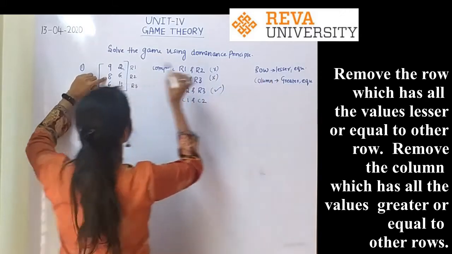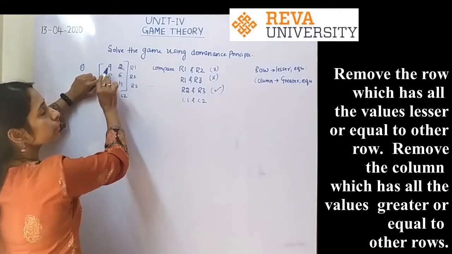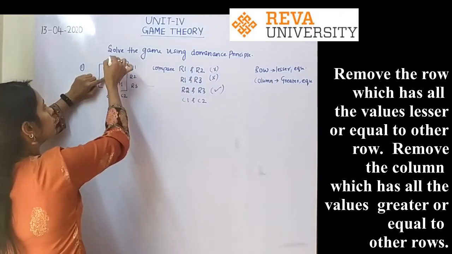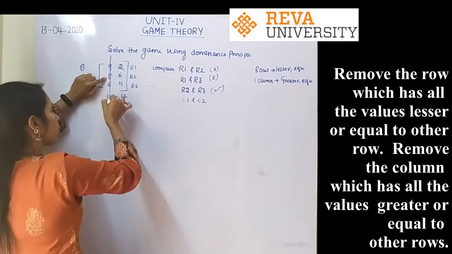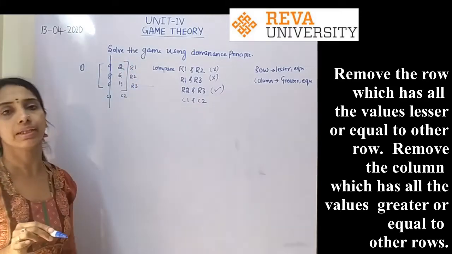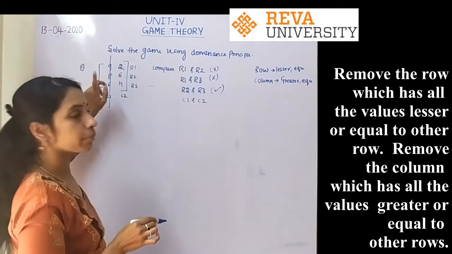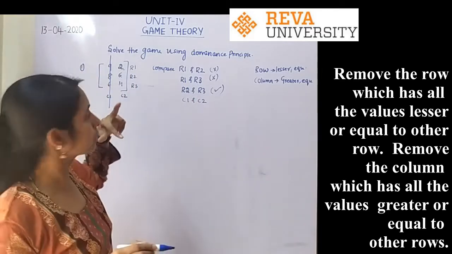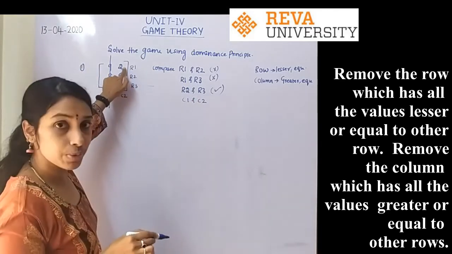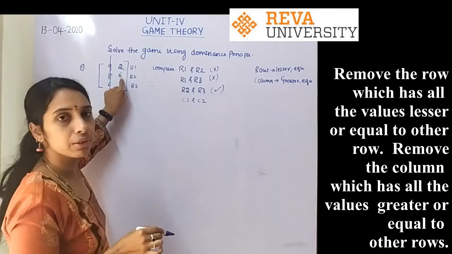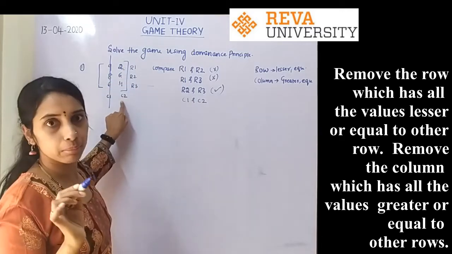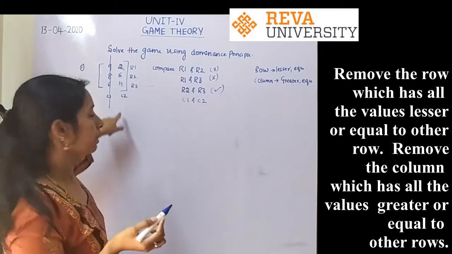Whichever is greater, in this case 9 is greater than 2, 8 is greater than 6, so that complete column has to be eliminated. Now this is also eliminated. What are the remaining values? We have values in row 1 and values in row 2. You cannot compare columns again because we have only one column.